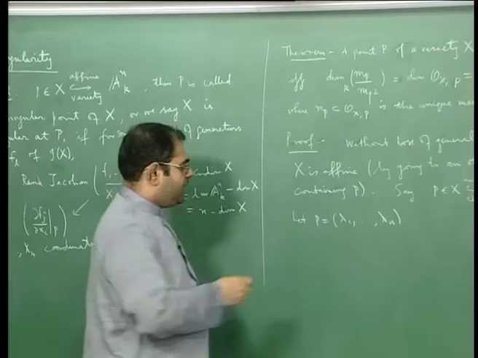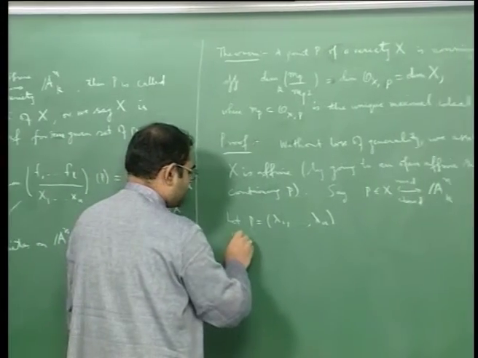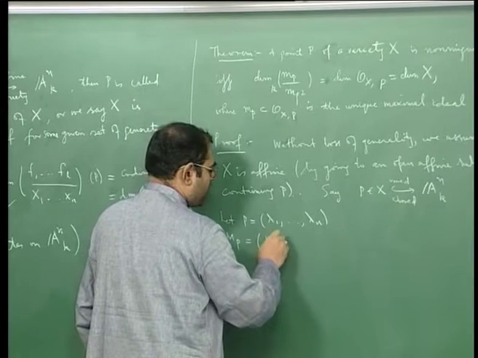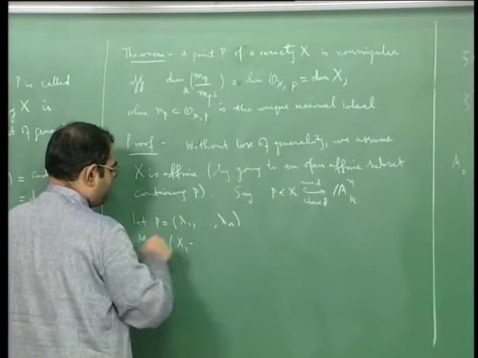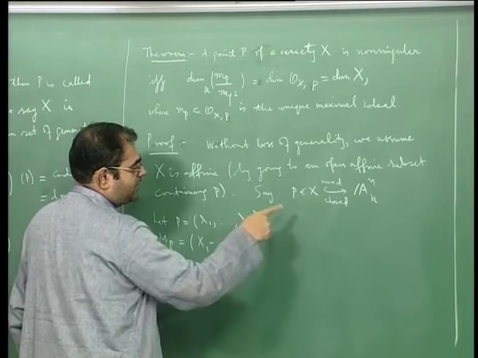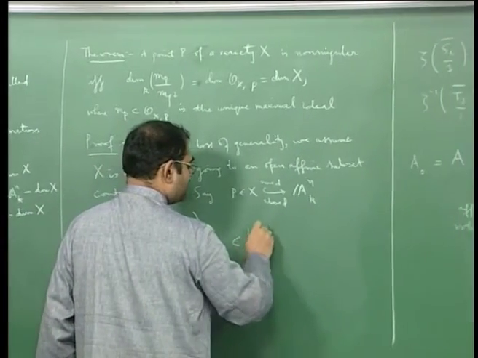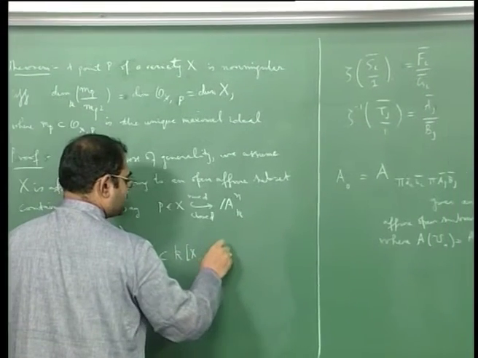So the maximal ideal of P will be, by the Nullstellensatz, I mean the point P corresponds to a unique maximal ideal in the affine coordinate ring of the affine space, which is k[x1, ..., xn].